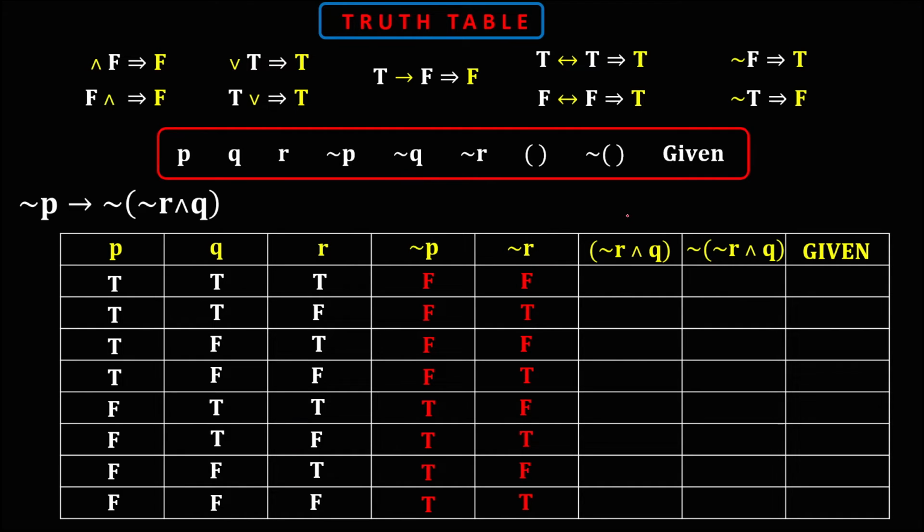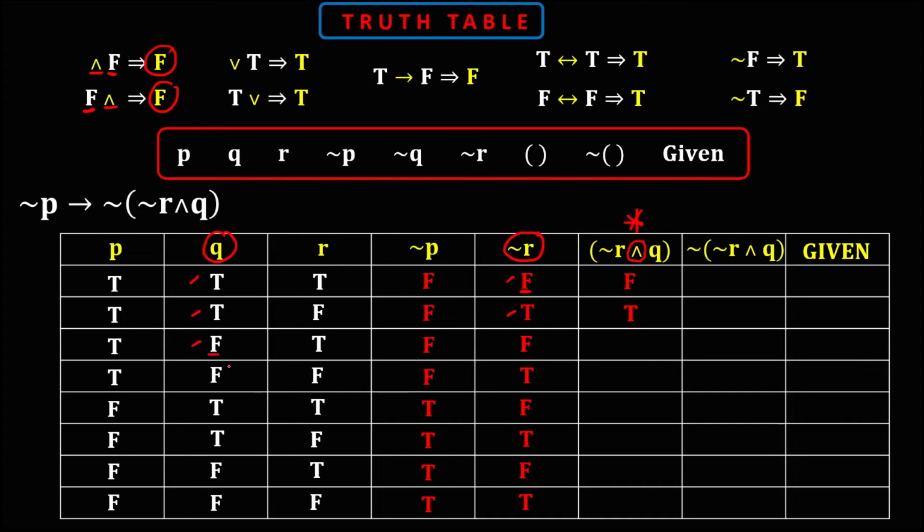Then for this column, from the negation of R and Q, observe that the connector is conjunction, and for conjunction, if there is a false, then the truth value is false. So we have true and false, there is a false, so the truth value is false. Then true and true, all true, so this is true.